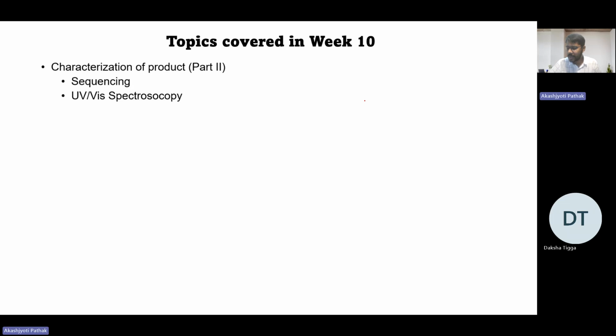So last class, we discussed the electrophoretic technique, how we can analyze the protein by running SDS-PAGE gel. What is the principle of SDS-PAGE, and then we also learned about the Western blotting technique.